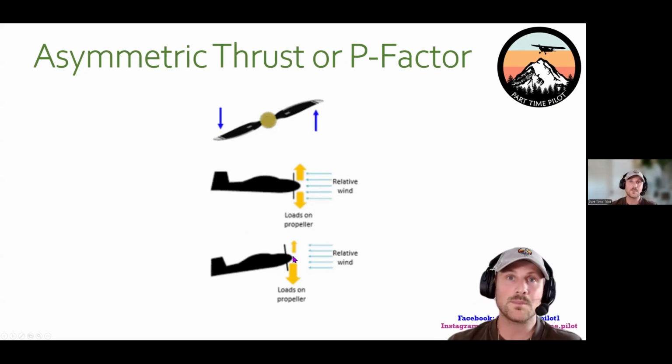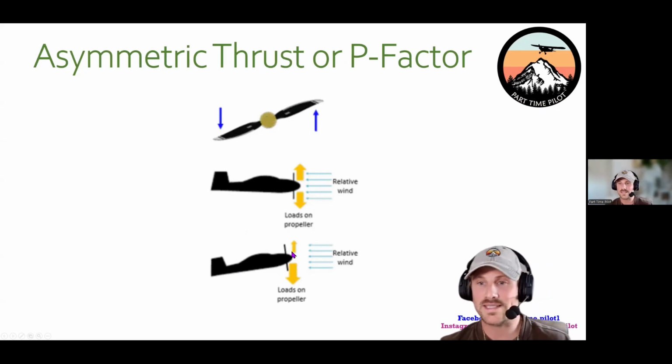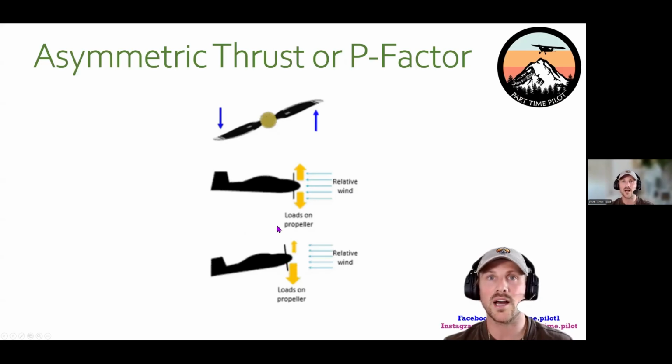When you're pitched up, the aircraft propeller that's coming down has a higher angle of attack than the one that is going up. So the propeller that's going down creates more thrust than the propeller that's going up.